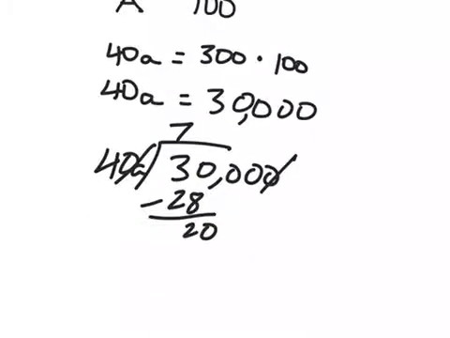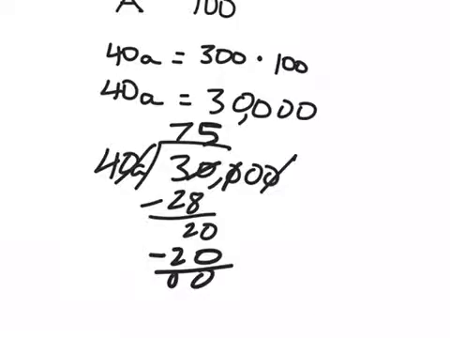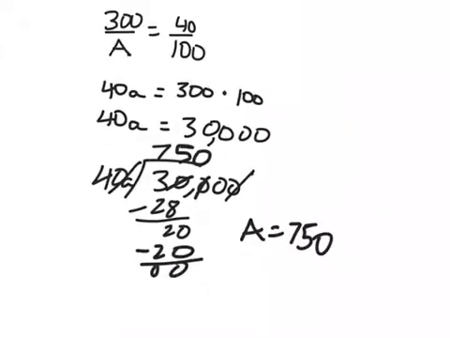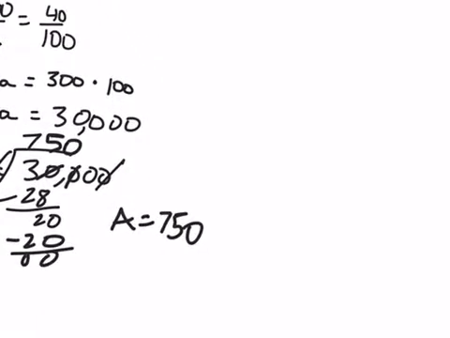Now we have the 20. So 4 times 5 is 20. Yay! So now we have a bunch of zeros left over. So now we know that A is equivalent to 750.